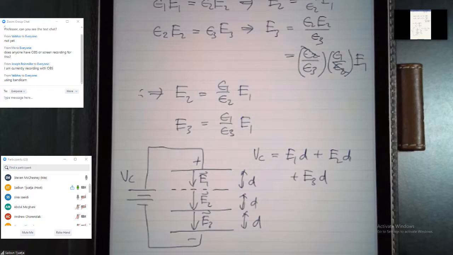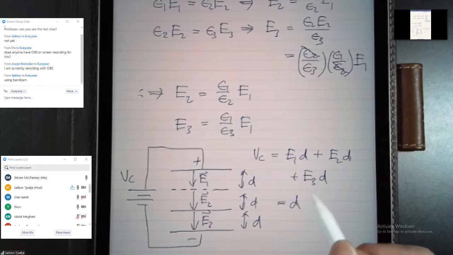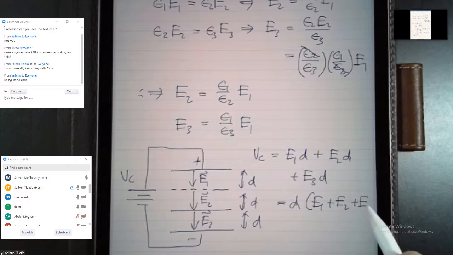Any questions? Now I take care of the arrow or the direction in the drawing, so I don't have to worry about the vector over here. Any question now? Okay, so D is all the same. Therefore, I can pull the D out. So basically E1 plus E2 plus E3, right?